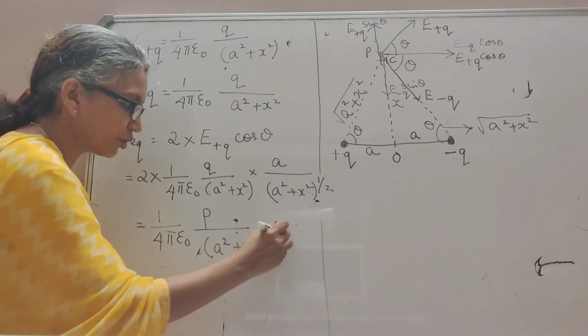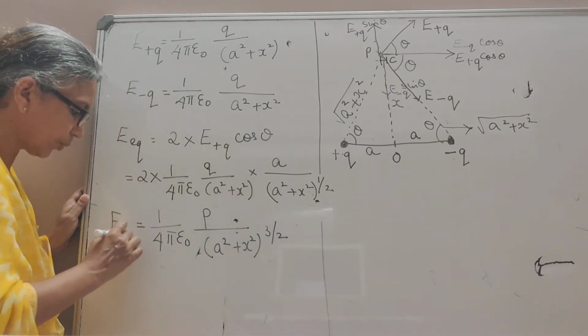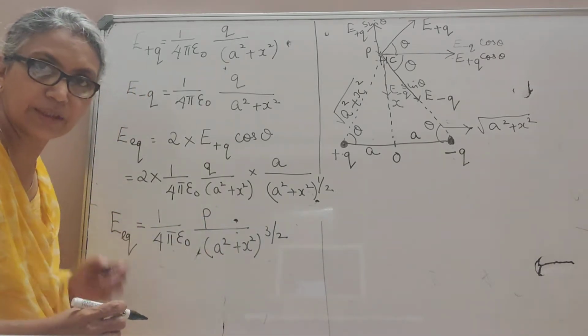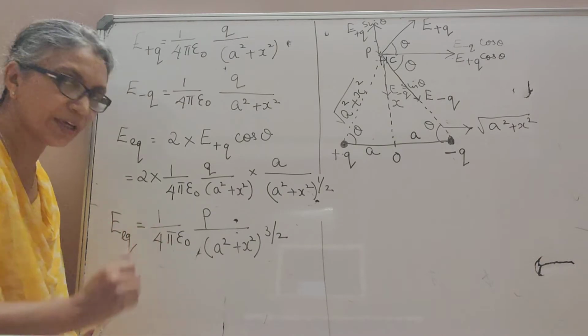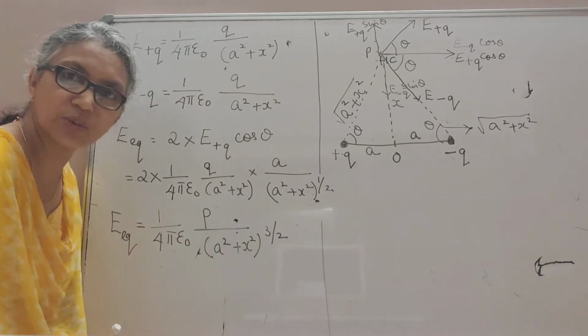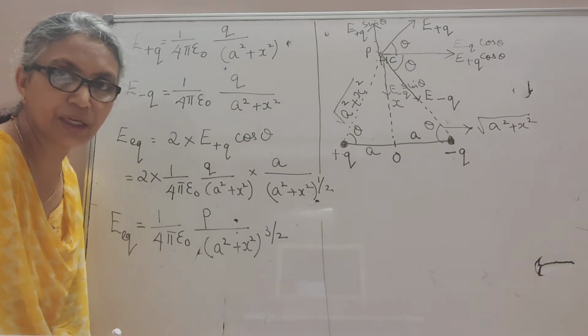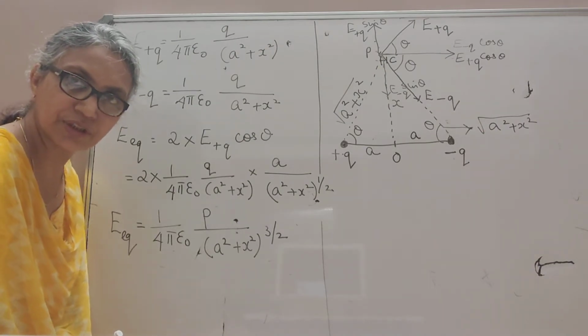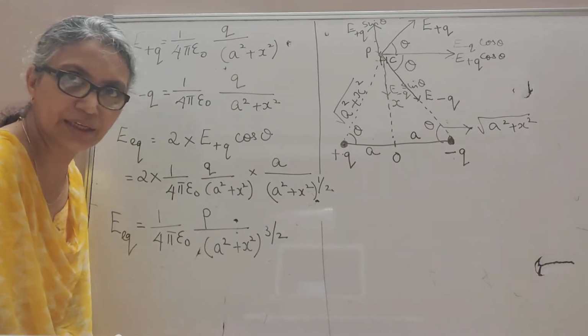And this is your equation for E equatorial. So E equatorial is 1 by 4 pi epsilon 0 P by A square plus X square the whole raised to 3 by 2.